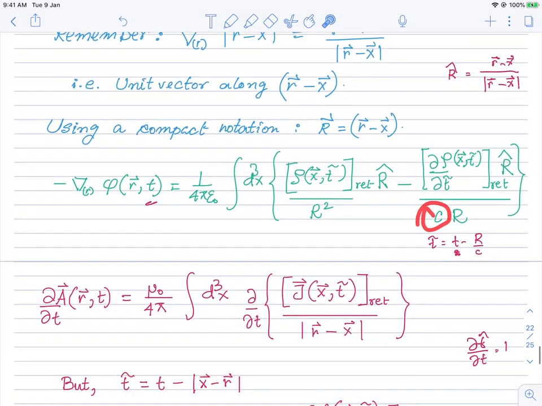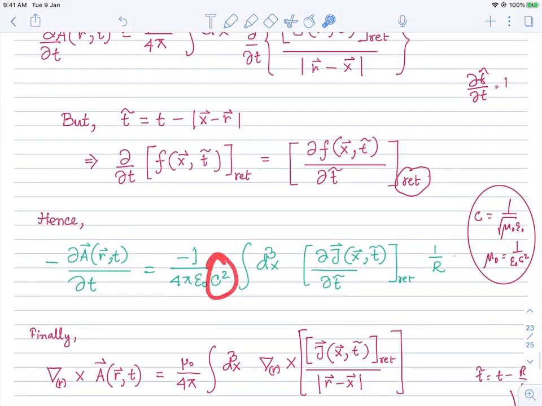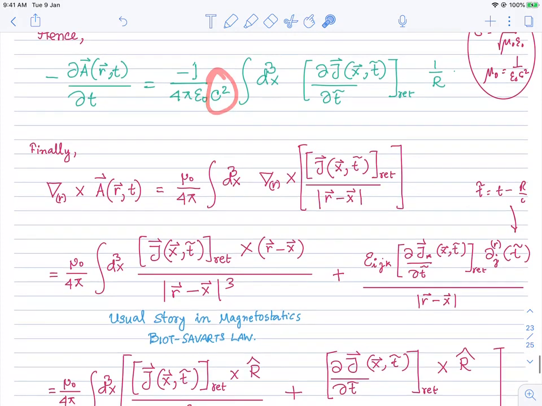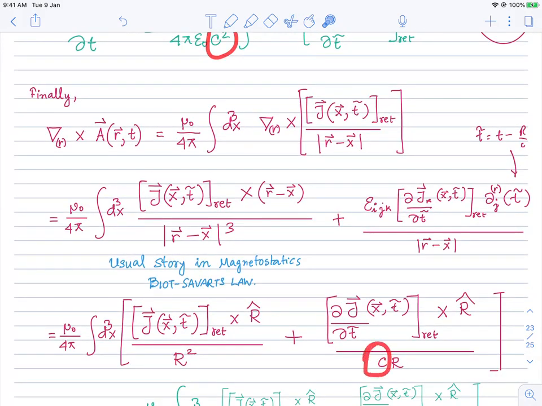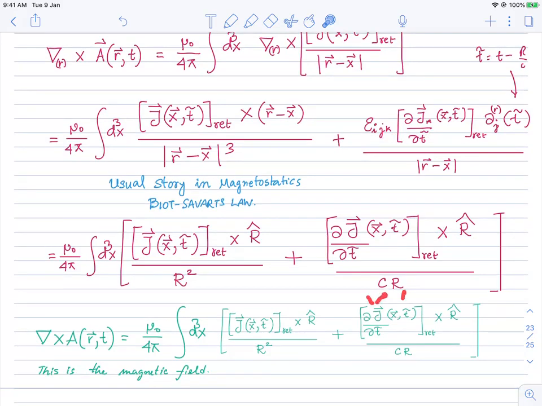In this term there's a factor of C squared, and in the curl term there's a factor of 1 over C, because this becomes R hat by C. This derivative gives you R hat, and if you put the epsilons together, this gives you a cross product between this and this, with the right sign. You can check the sign. So this is given by C times R hat. This C basically comes from the C in the expression for the retarded time.